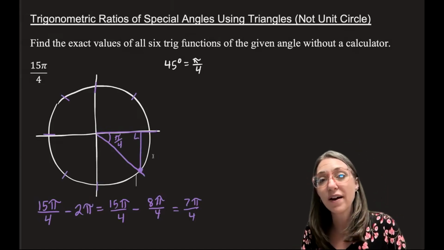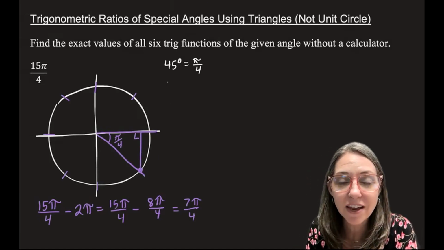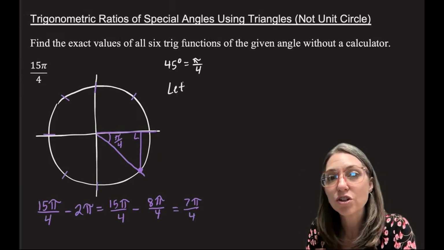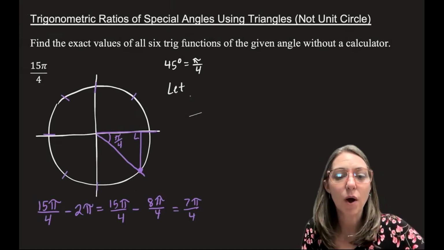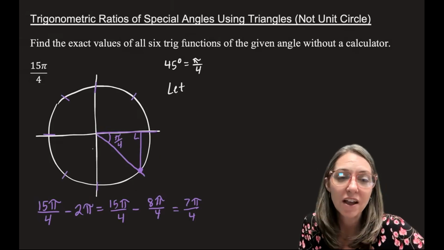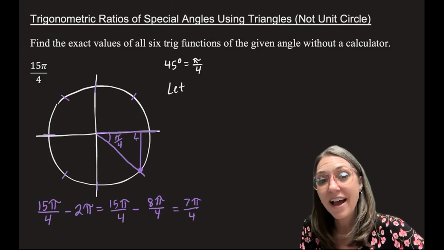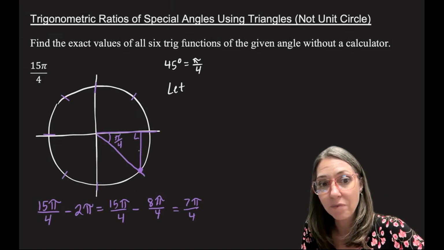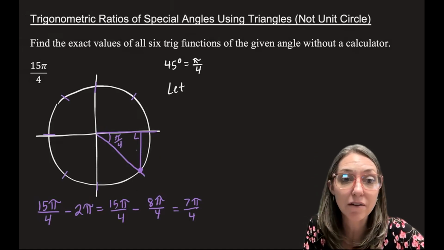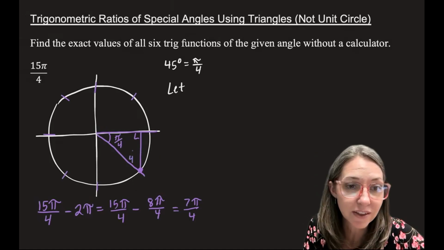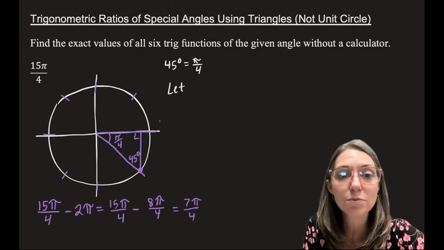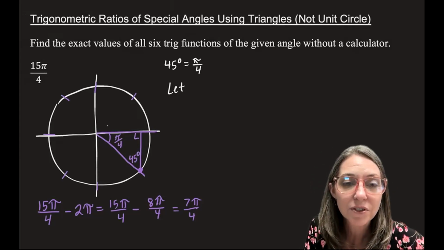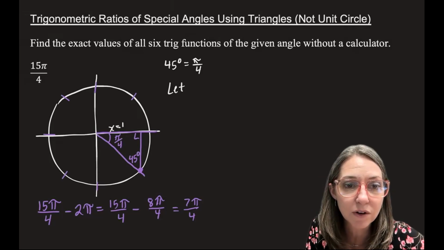When you do this with the right triangle using the XYR method, you're going to let the short leg be 1 every time. That makes it easier. So which leg is the short leg? Well, if that's a pi over 4 angle, and this is a right triangle, then the other angle also has to be pi over 4, or 45 degrees. That means it's an isosceles right triangle, which means both legs have the same length. So we can call x, that leg, positive 1 because we are in quadrant 1.